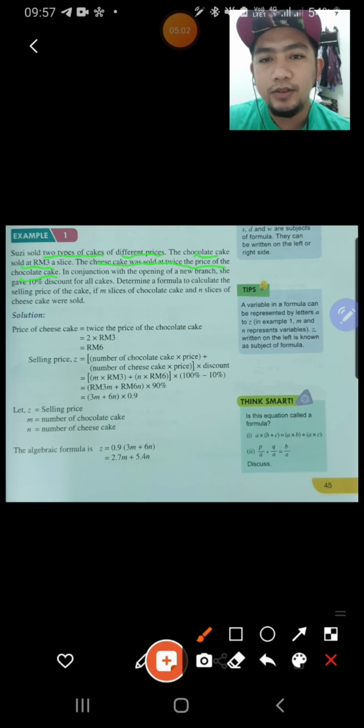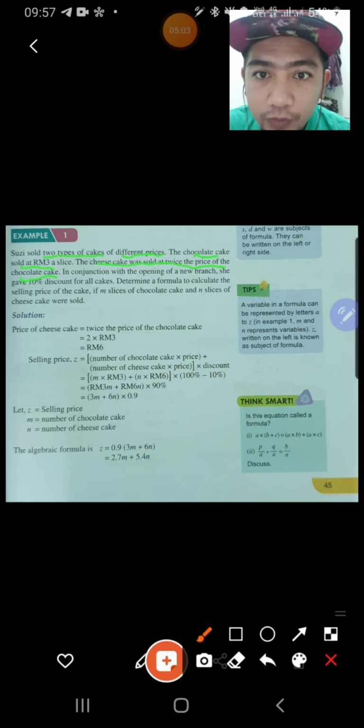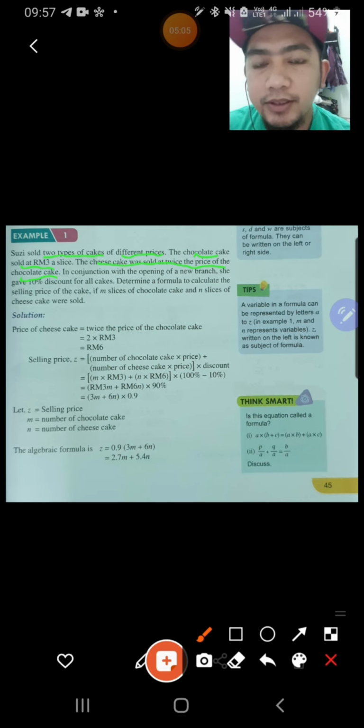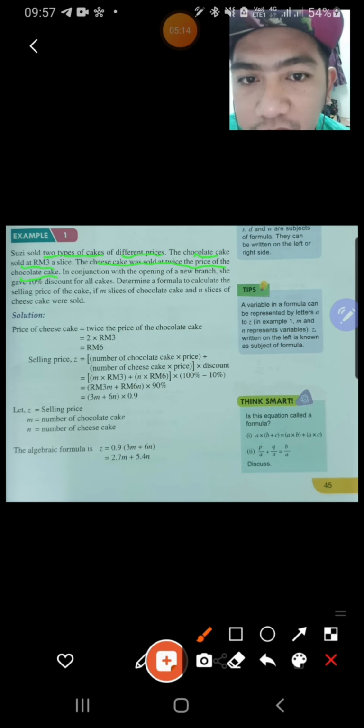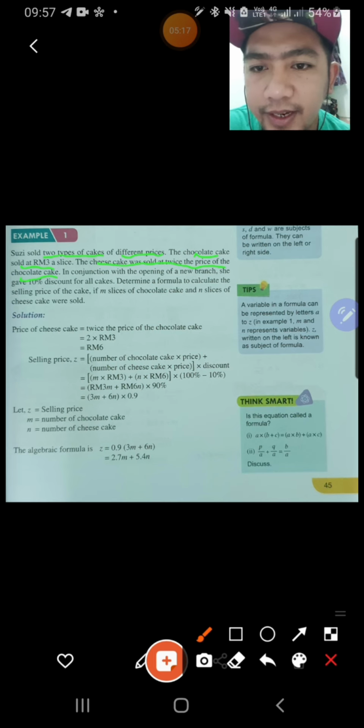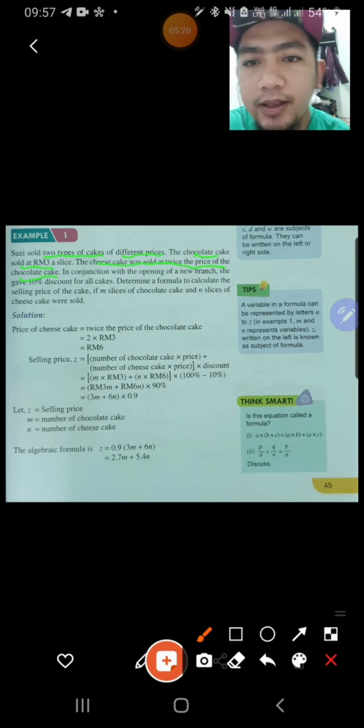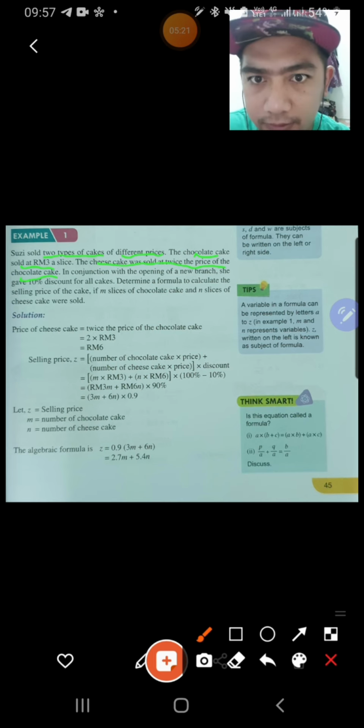Now you have to know how to take out the information, and then you try to solve. Let's check the solution. The price of the cheesecake is already stated in the situation.